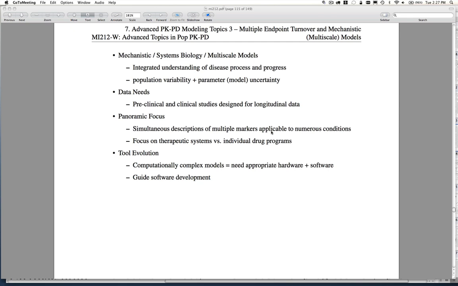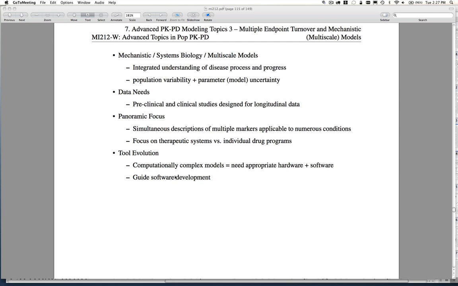So that's an example where, if you take a mechanistic model, one that's very descriptive of biological processes, and you know how different disease states may affect that biologic system, the model becomes much more useful and applicable to as-yet unstudied conditions.